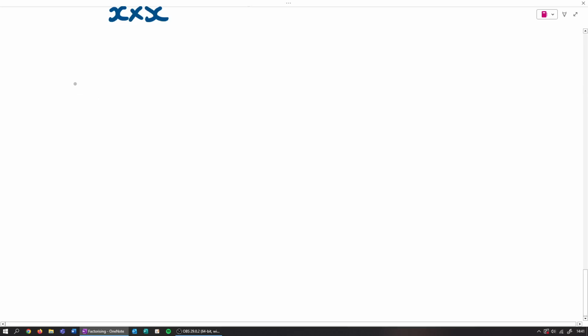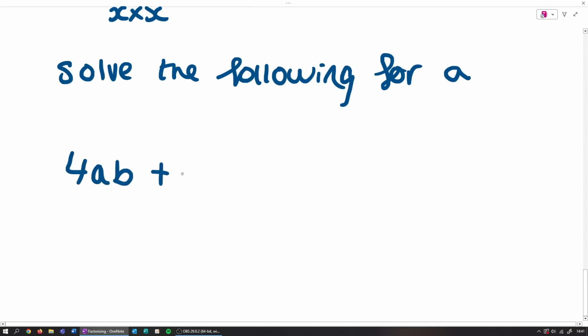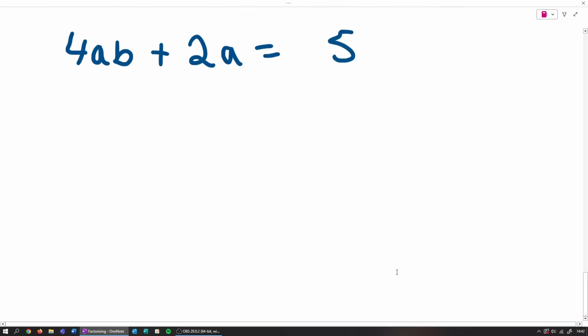So let's say we're trying to solve the following for A. So we'll have 4AB plus 2A. This could be equal to, say, 5. Well, at the moment, I can't just say A is equal to anything because I haven't got it by itself. I can't divide by anything currently. However, let's factorise this left-hand side.